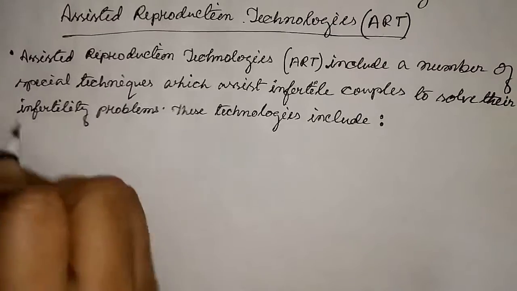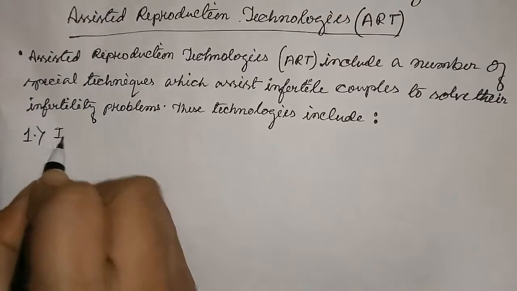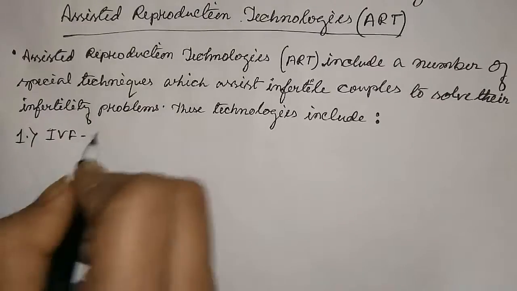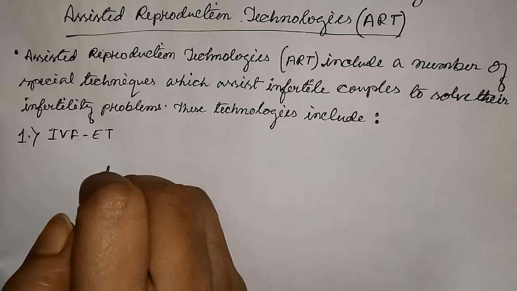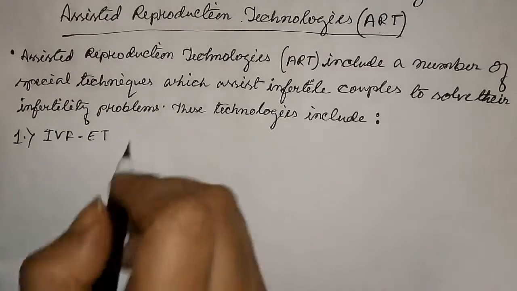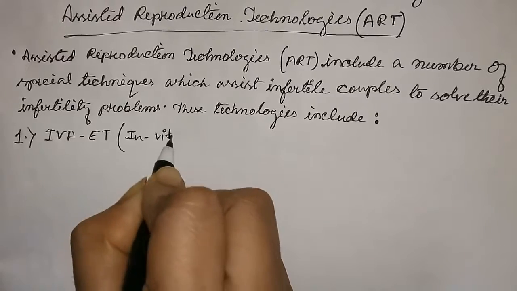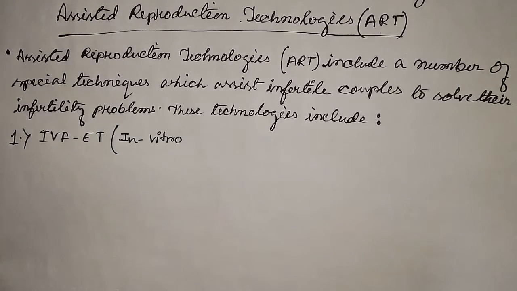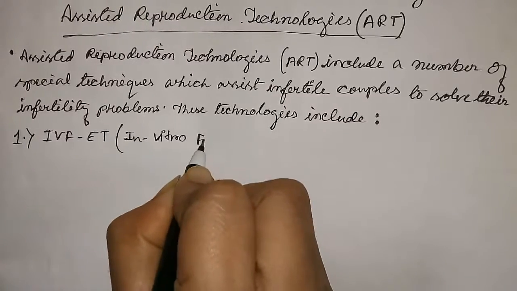First is IVF ET, which means in vitro fertilization and embryo transfer. In vitro fertilization.